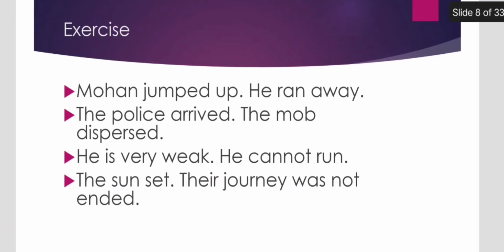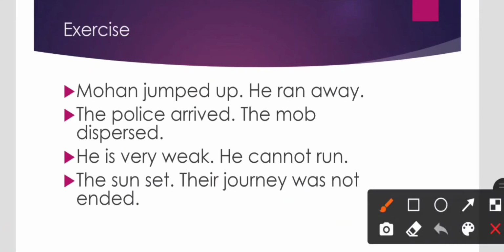So test yourself. Mohan jumped up, he ran away. Now you recall all the ways you used to frame a simple sentence. First we are taking participle here. Mohan jumped up, jumping up, Mohan ran away. The police arrived, the mob dispersed. We can use here absolute phrase. The police having arrived, the mob dispersed.